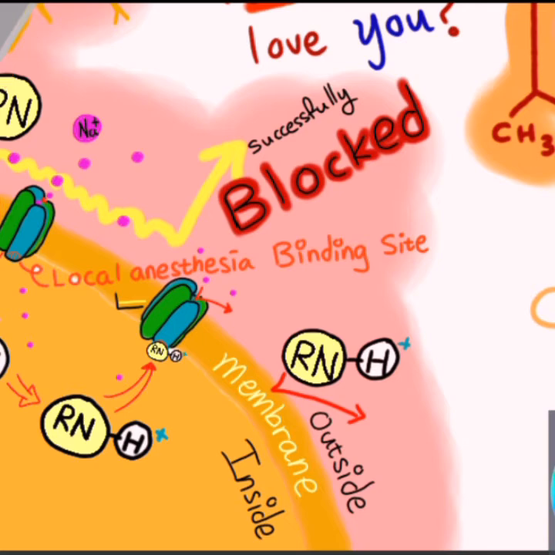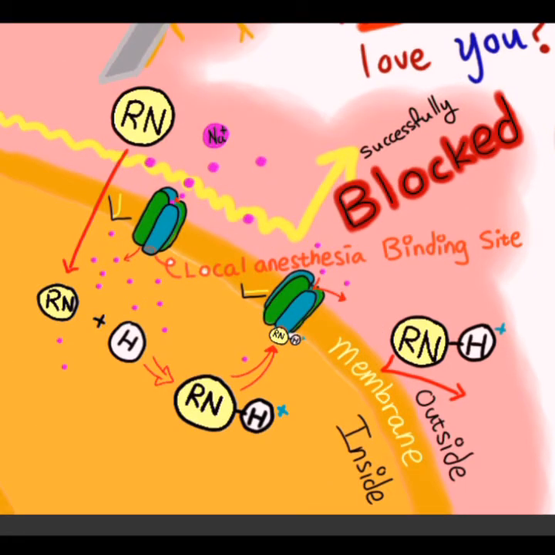One thing which is very important is that this unionized form can be ionized depending on the pH of the tissue or the environment. It is very important because in low pH, this unionized local anesthesia molecule tends to be ionized.